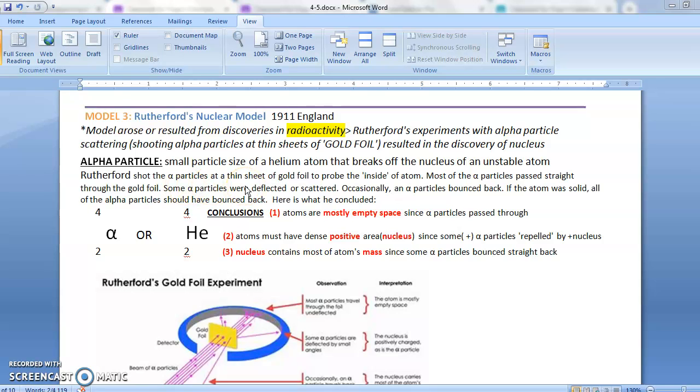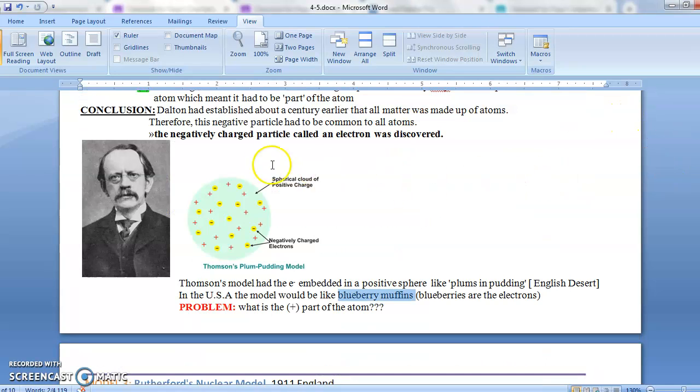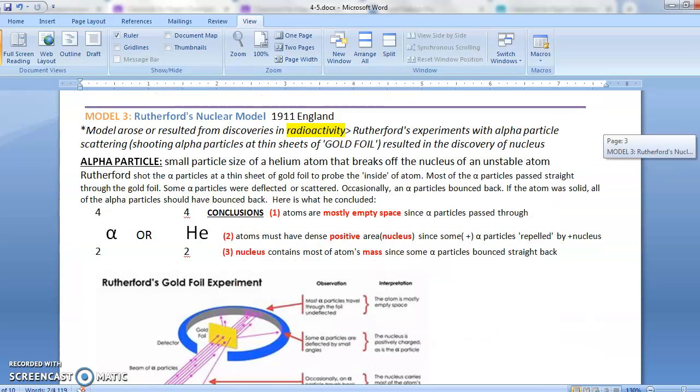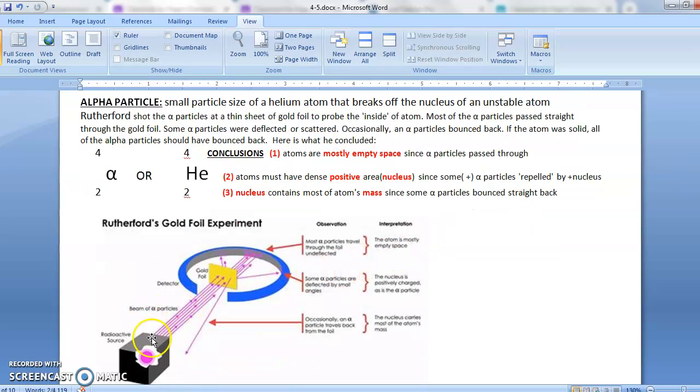Originally, he thought if Thompson's model was correct, if the atom was a solid sphere that had electrons embedded in it, these alpha particles would not be able to get through. And he was shocked or surprised to find out that, by and large, a ridiculous large majority of those alpha particles went right through the gold foil.